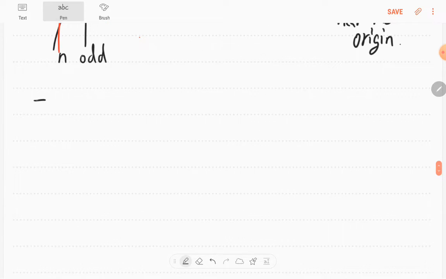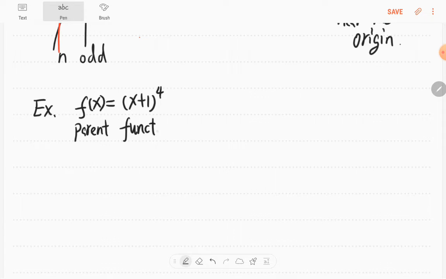So now we want to use the graph of the power function. Let's try to sketch the graph for f of x equals x plus 1 to the fourth. You can see that the parent function for this f, the original function, is g of x equals x to the fourth, right?